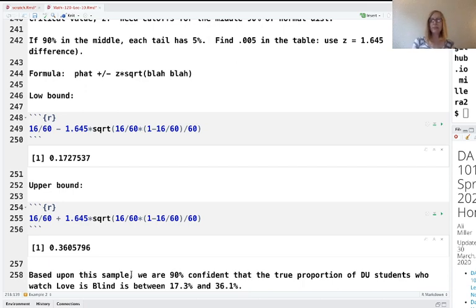Based on this sample result, we're 90% confident that the true population proportion is between 17.3% of students and 36.1% of students. We have made an estimate for the population proportion based upon the sample result. That's a confidence interval.